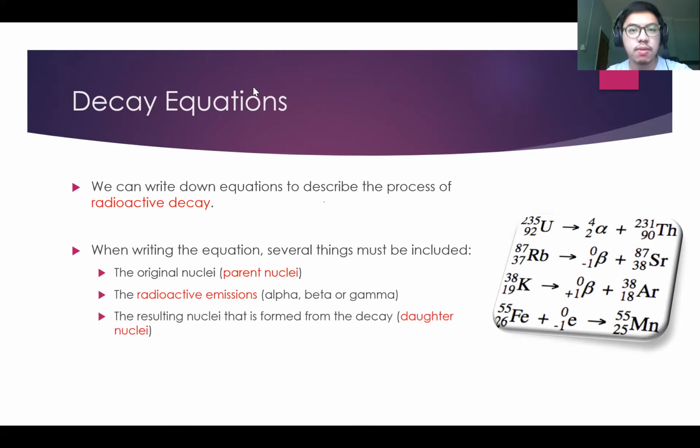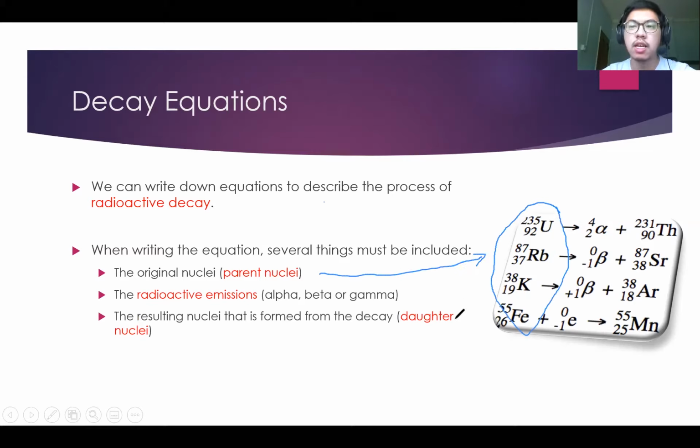The first rule is that you need to include the original nuclei, what we call the parent nuclei. This is the original radioactive isotope or radioactive substance, and in this equation it is this part here. These are the original radioactive isotope before it decays. Then you have to write down the radioactive emissions, so these are your alpha, beta, and gamma, which are here.